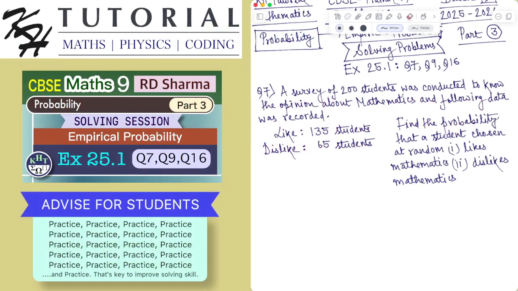The first question, number 7 from exercise 25.1, says, a survey of 200 students was conducted to know the opinion about mathematics and the following data was recorded. The number of students who liked mathematics was 135 and the number of students who disliked mathematics was 65.